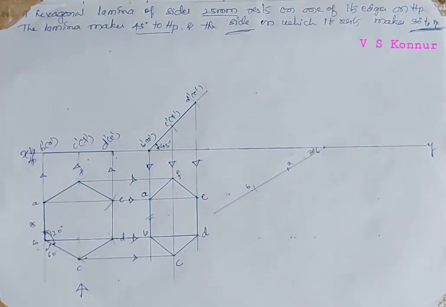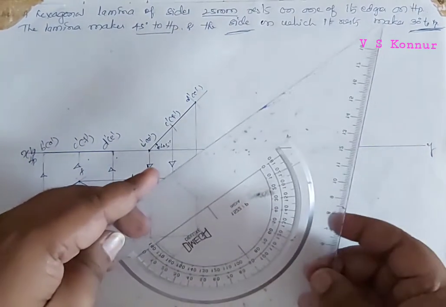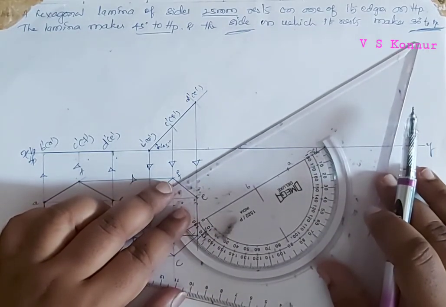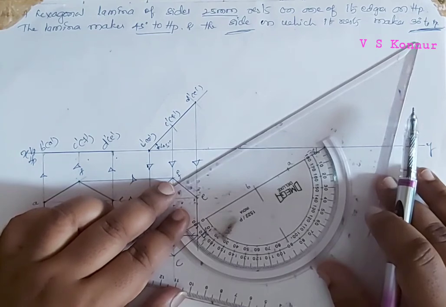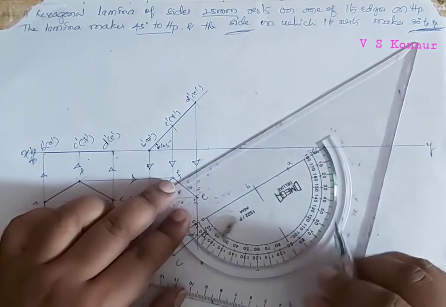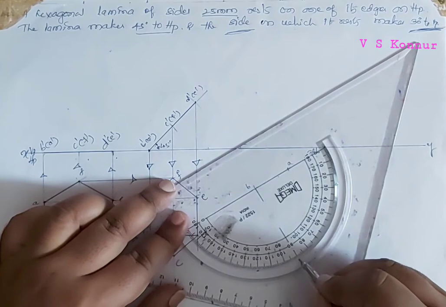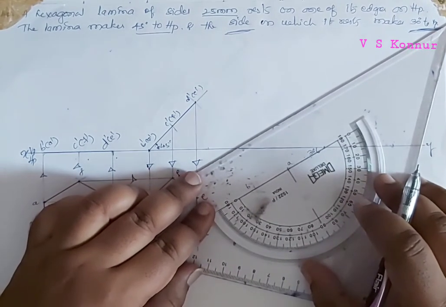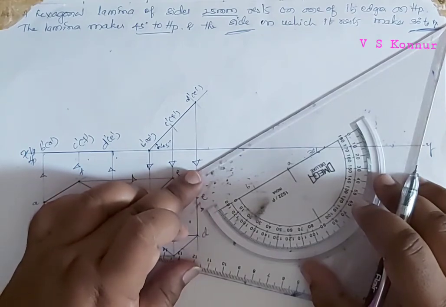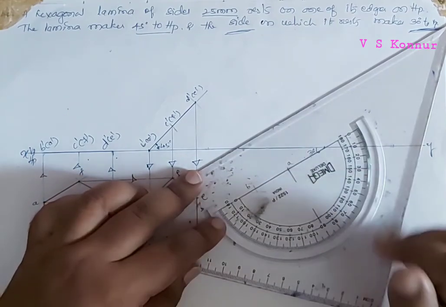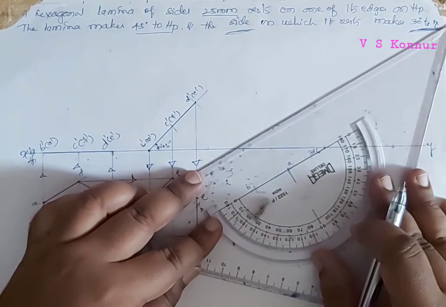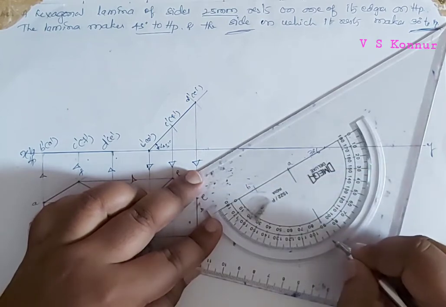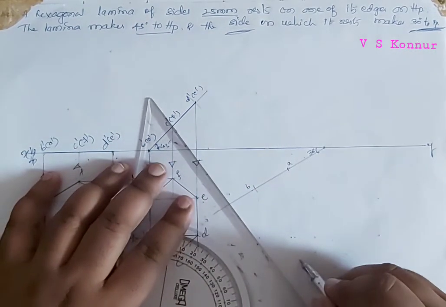From both the points we should take 90 degrees, because the other 2 points will be obtained very easily if you take 90 degrees from these points. So from that point 90 degrees, next from this point, just join these 2 points.